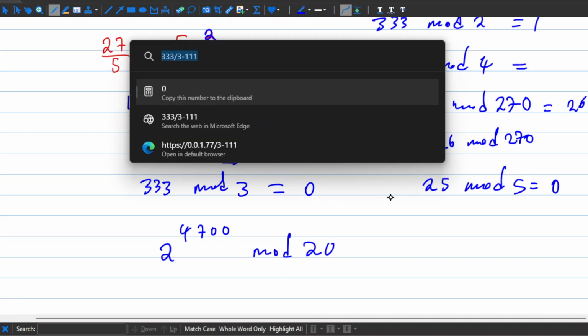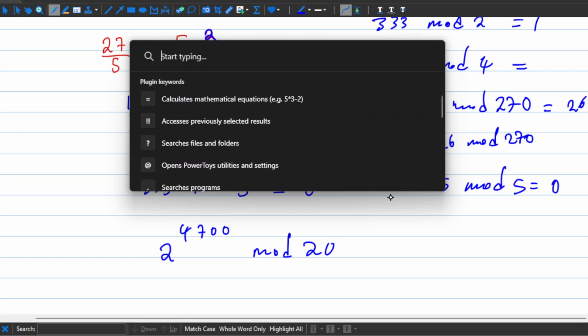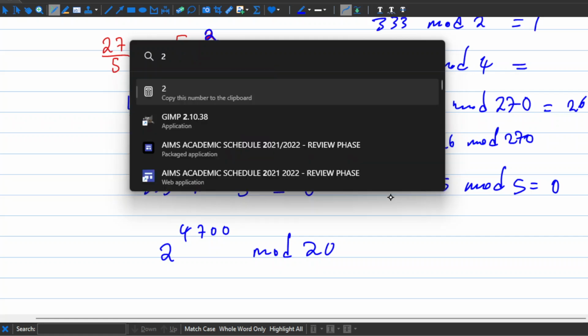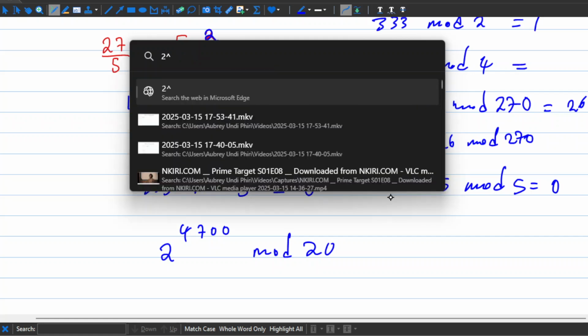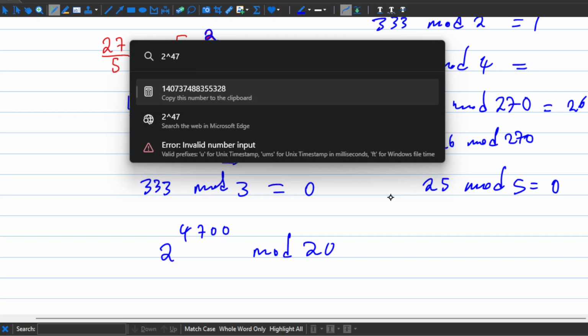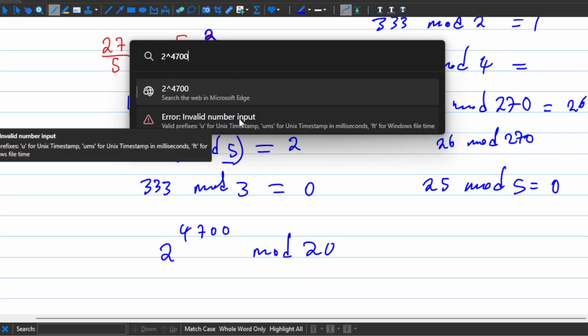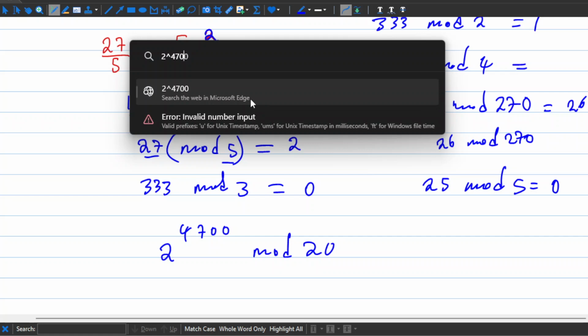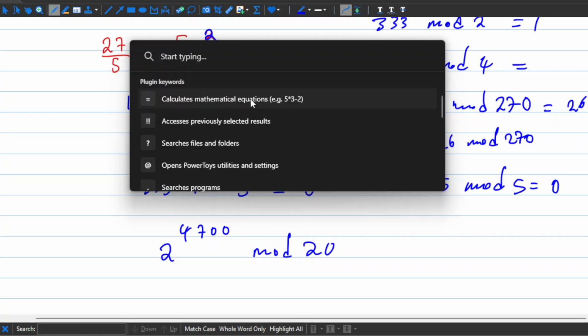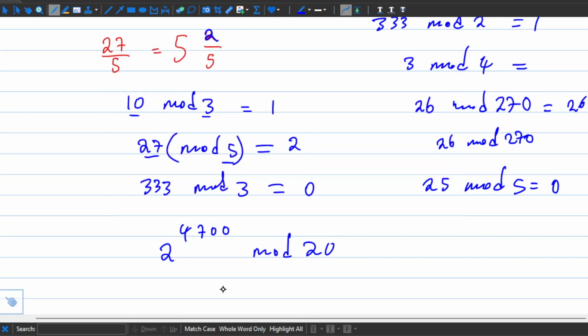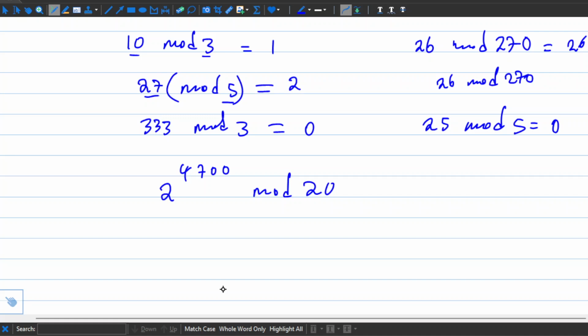So let's try 2 to the power 4747. So for me, the number is so big that I have an invalid input here. So same applies for you, but you can find the mod of this.